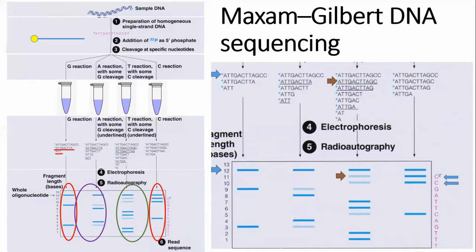Let's look at this band. That is there in the A plus G lane, and also we can see that in the G lane. So therefore, we are considering that as a G. Then what about this one? That is only there in the A plus G lane, but that is not there in the G lane.